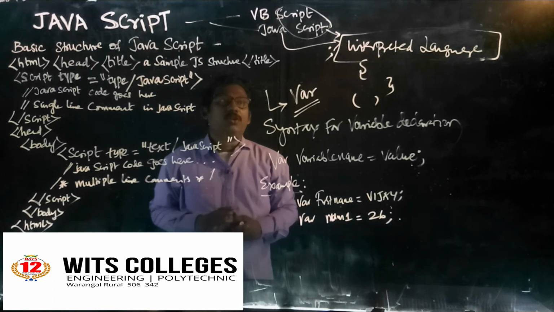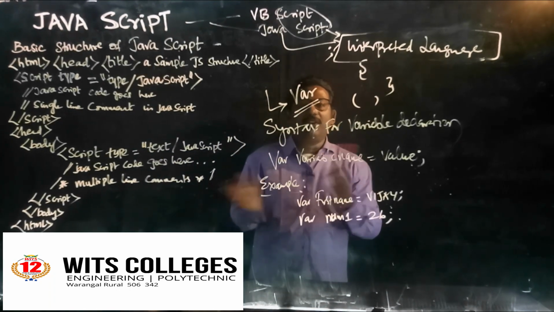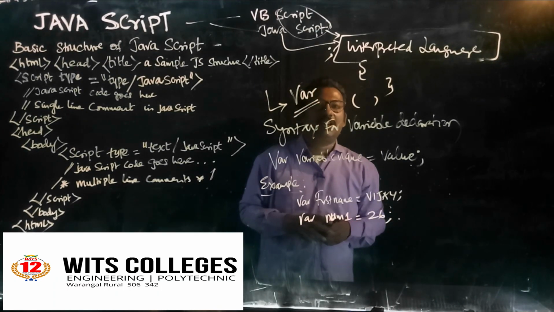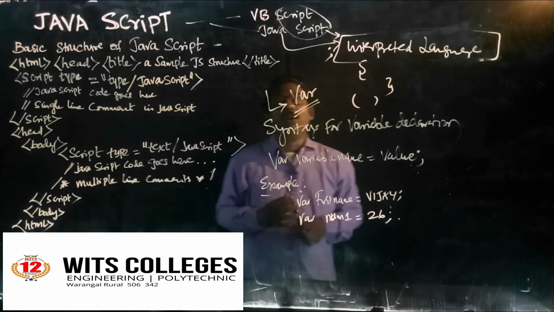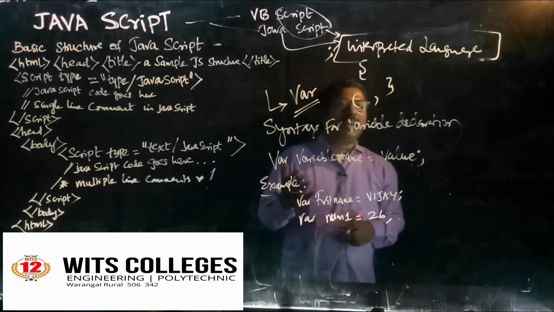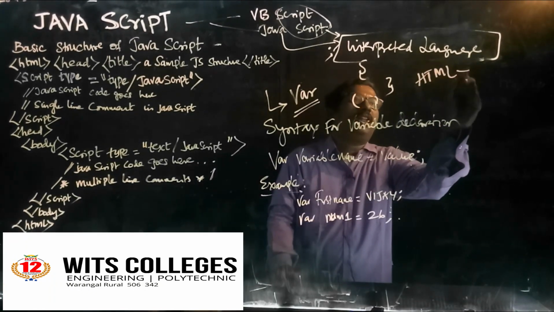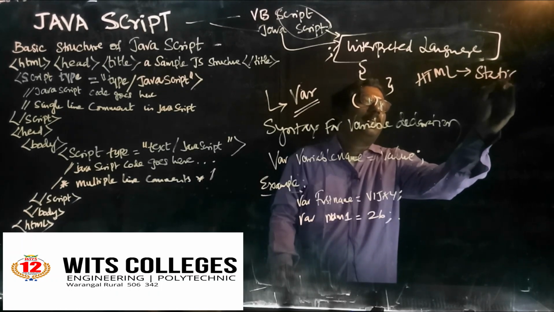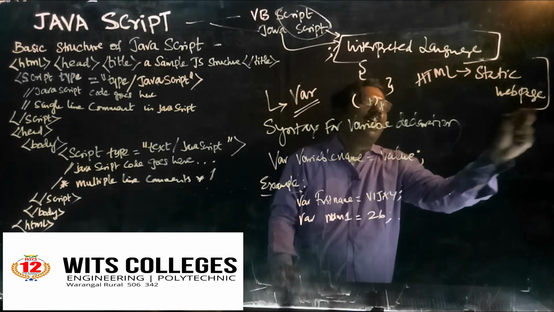What JavaScript can do: we can declare variables and use those variables. We can have some interaction in JavaScript, which is not facilitated in HTML. In HTML we did not have any interaction. HTML is totally static web pages; it designs only static web pages.